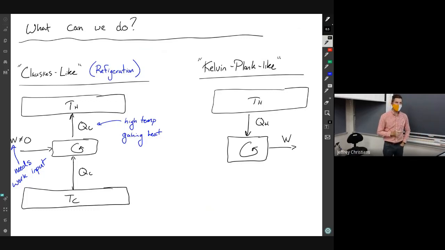We can't do that. We can't turn heat directly into work, but what we can do is we can take heat, we can turn some of it into work, and then we waste the rest of it.